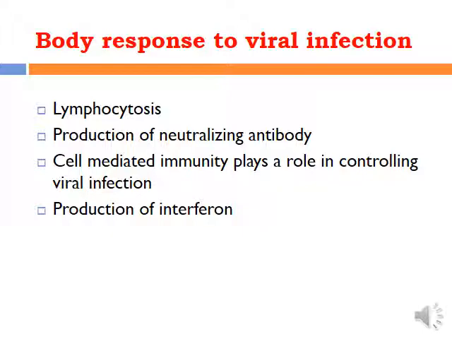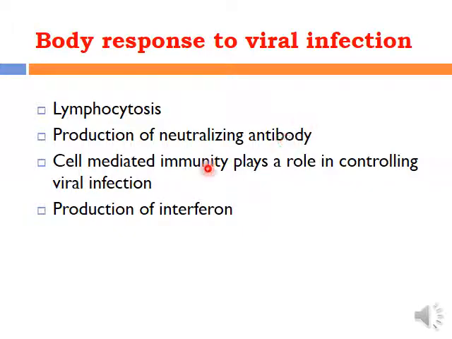Now, how does the body respond to viral infection? When there is viral infection in the human body, what occurs inside the body? First of all, there is lymphocytosis that can be detected in the blood, on examination of the complete blood picture. And there is production of neutralizing antibodies that will neutralize the virus when present in the bloodstream, and they prevent a second infection, development of immunity.